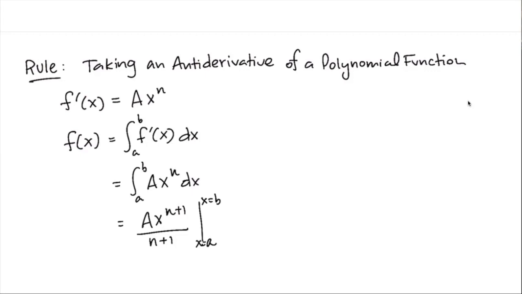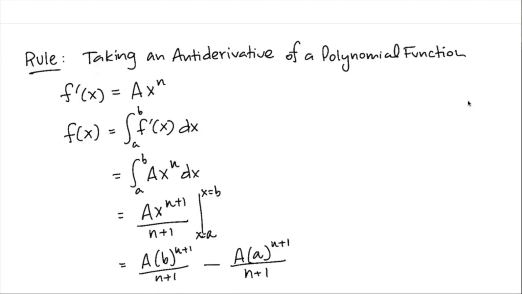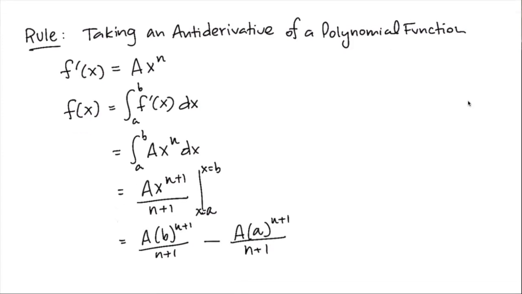So when we evaluate this, we get b to the n plus 1 over n plus 1 minus a to the n plus 1 all over n plus 1. And don't forget that all of this shows us an f of x function that has no idea where it started. And so in calculus, you'll always add a plus constant, and that constant is meaningful in physics.